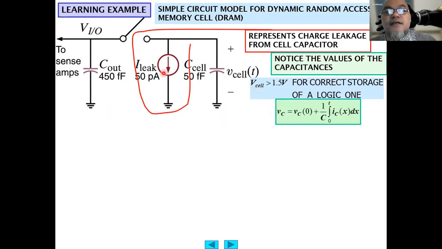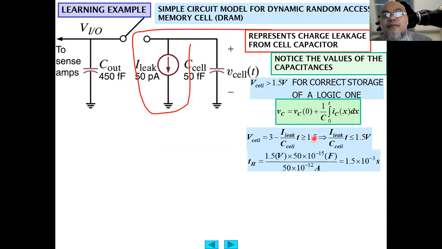Then VC can be calculated using the integral form of the capacitance law. VC equals the initial voltage of the capacitance at 0 time plus 1 over C integral from 0 to t of IC(x) dx.